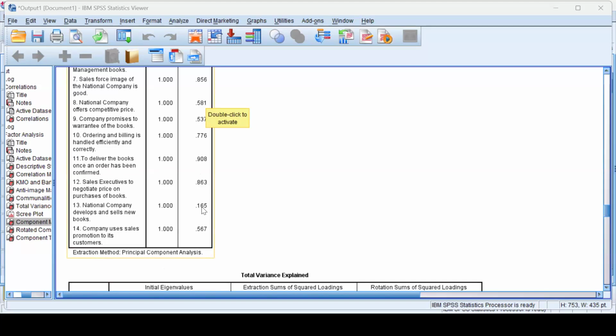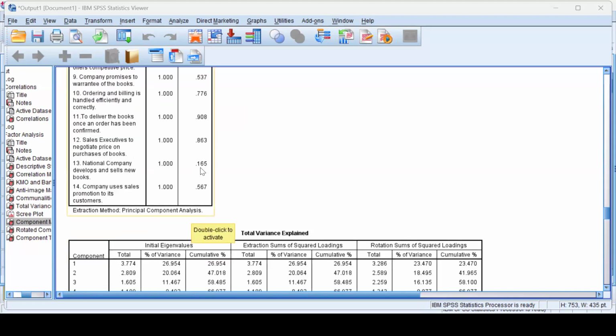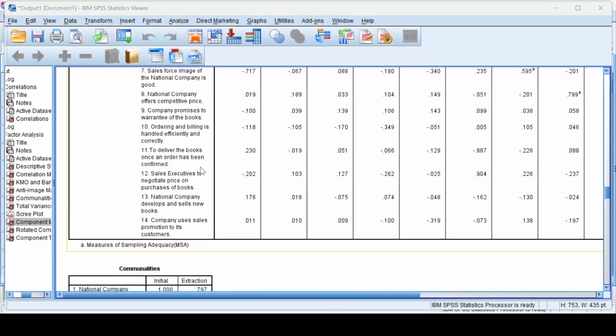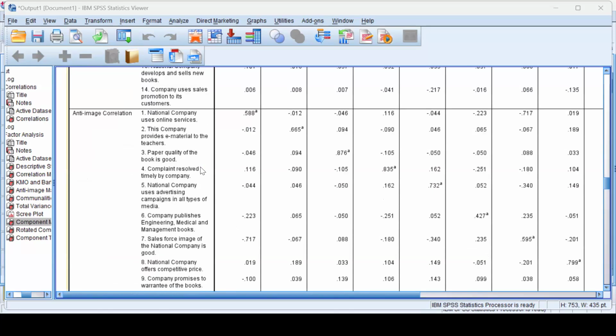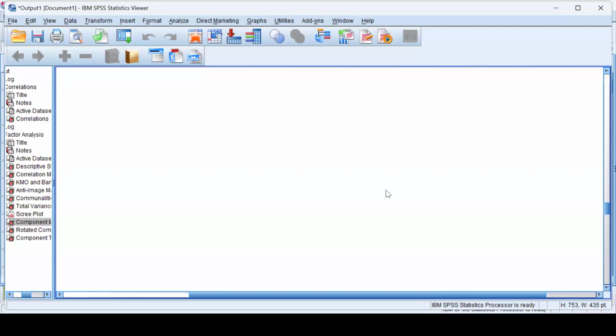Again it is not desirable because the value of communality is less than 0.5. तो ये एक हटाने का तरीका है. तो दो, क्वेश्चन नंबर 2 and question number 13. So we will remove 2 questions from this table. इस टेबल से 2 questions and 3 questions, the question number 6, question number 13 and question number 14. 3 हमने यहाँ से आइडेंटिफाई किए थे.